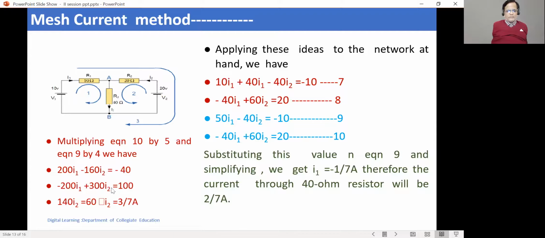Whereupon on solving we get I2 to be equal to 3 by 7 ampere. Substituting the value of I2 as 3 by 7 in any one of the previous equations, we can see that I1 becomes minus 1 by 7th of an ampere. The current I3 will be calculated simply knowing the values of I1 and I2.